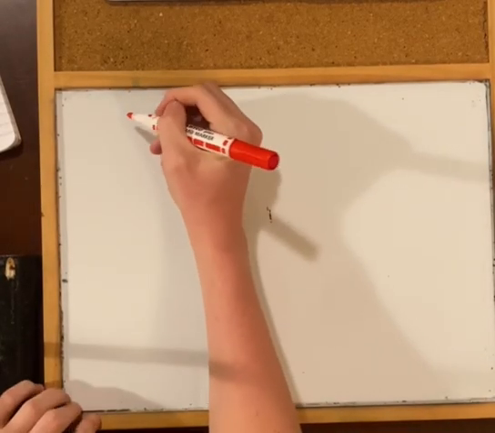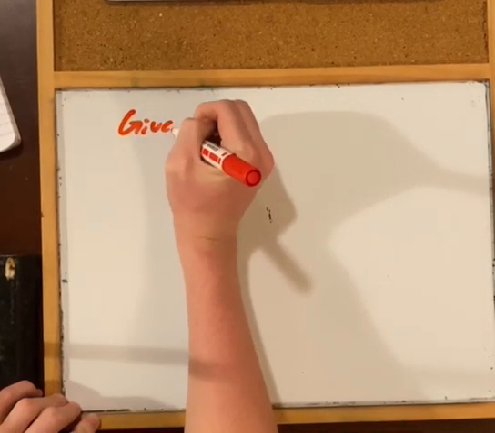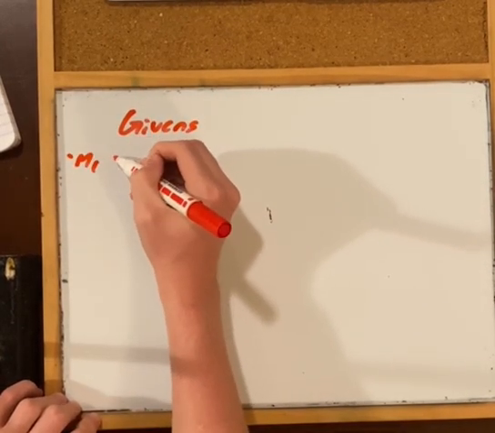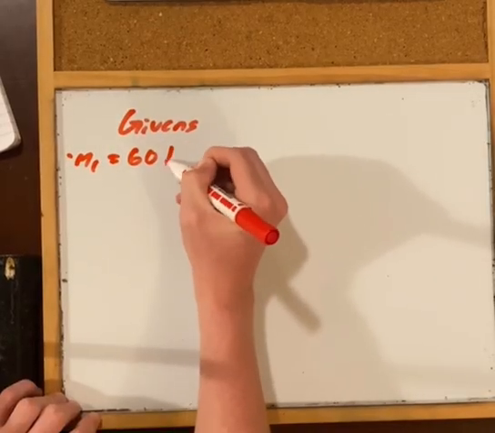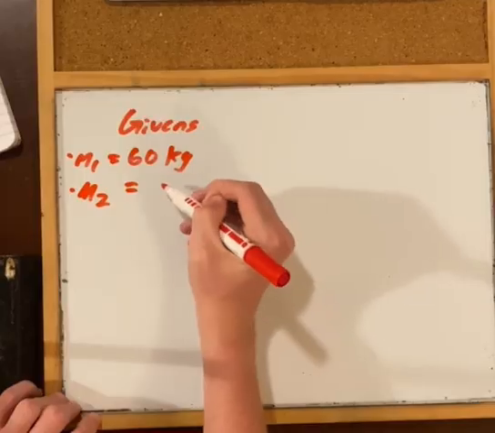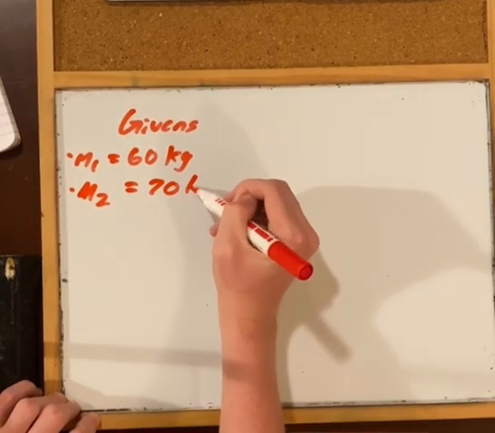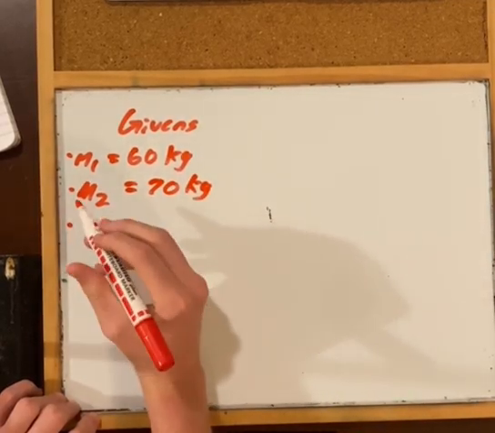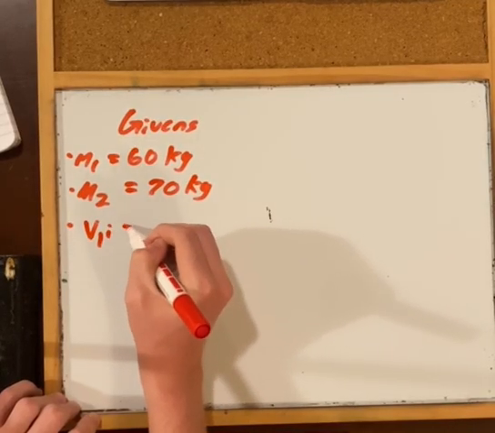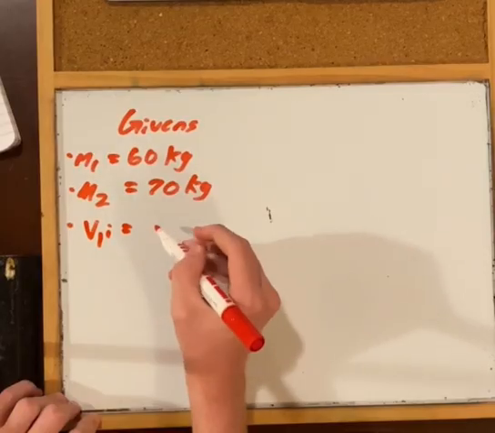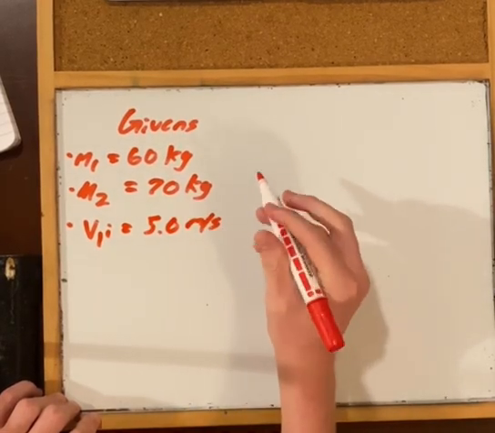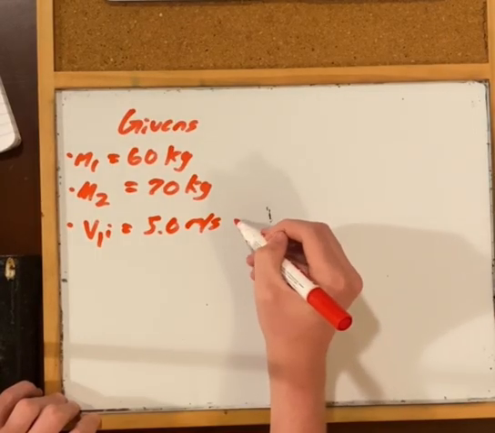So our givens are mass 1, which is Yari, who is 60 kg, mass 2, which is Yediel, who is 70 kg, initial velocity 1, which is 5 meters per second east.